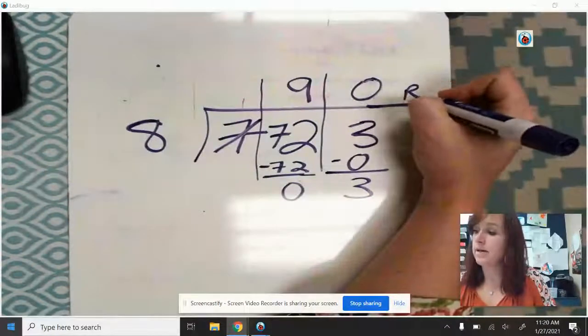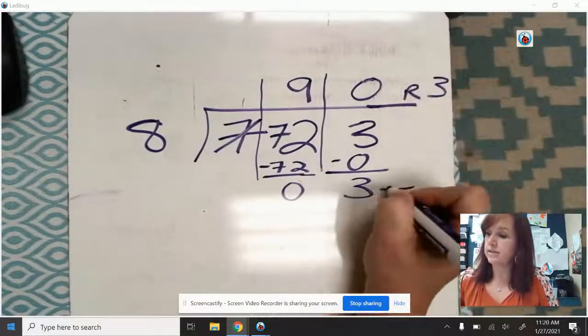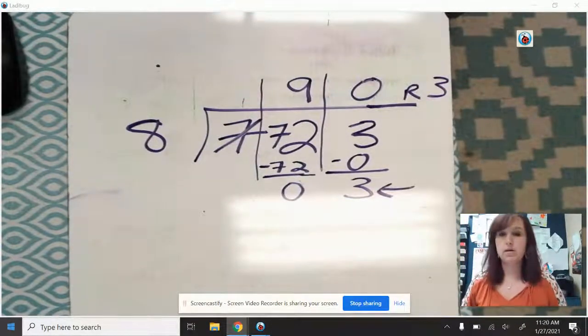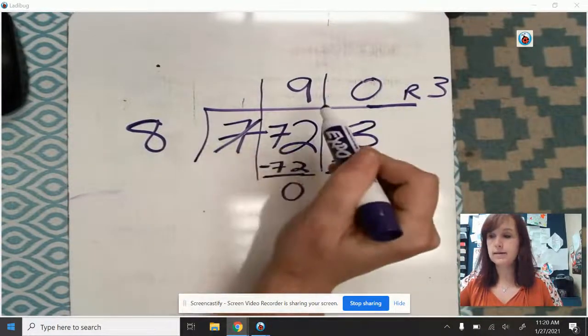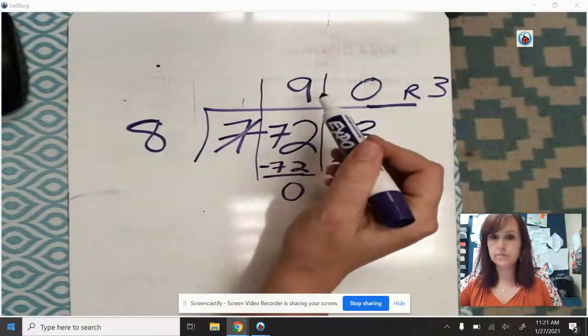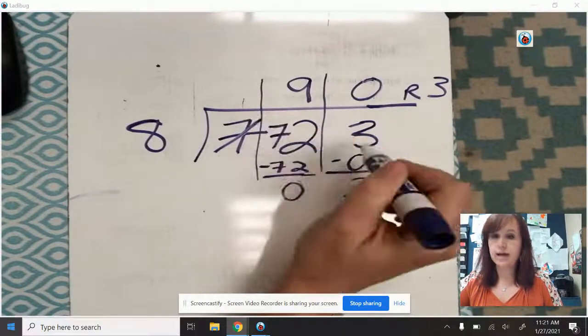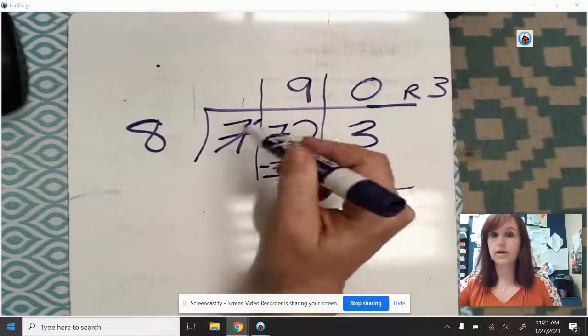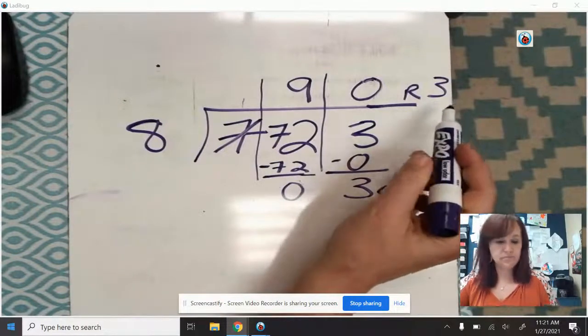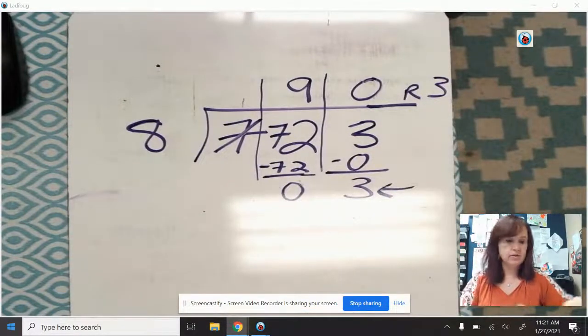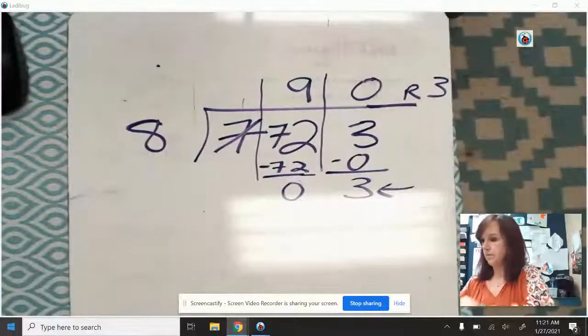Well, I have a remainder of 3, which is this number right here. So I gave each of my 8 friends $90. And in doing that, I gave away all this money except for $3. And that's my remainder.